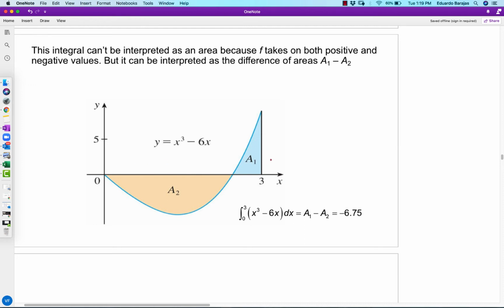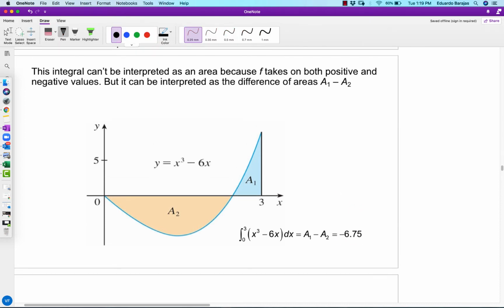The integral from 0 to 3 is going to be that net result. And so after all that work, we saw that the answer was negative 27 over 4, which is equal to exactly this, negative 6.75.